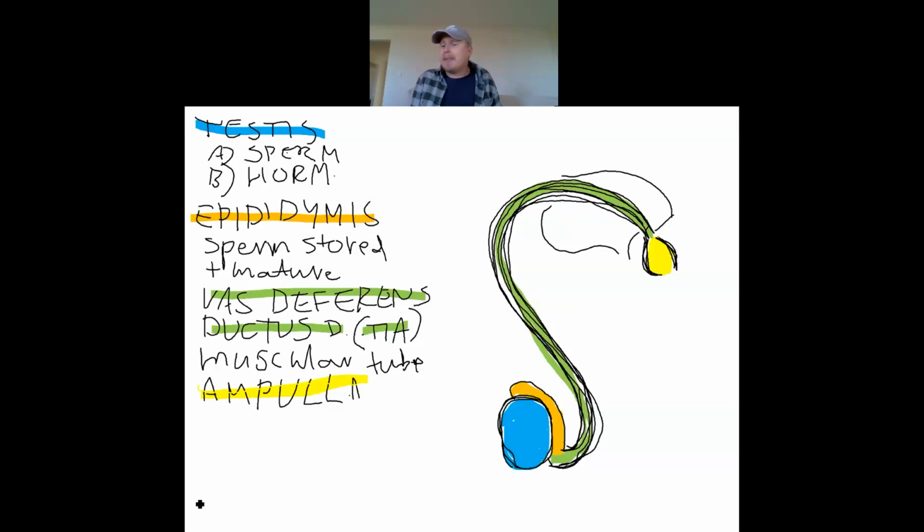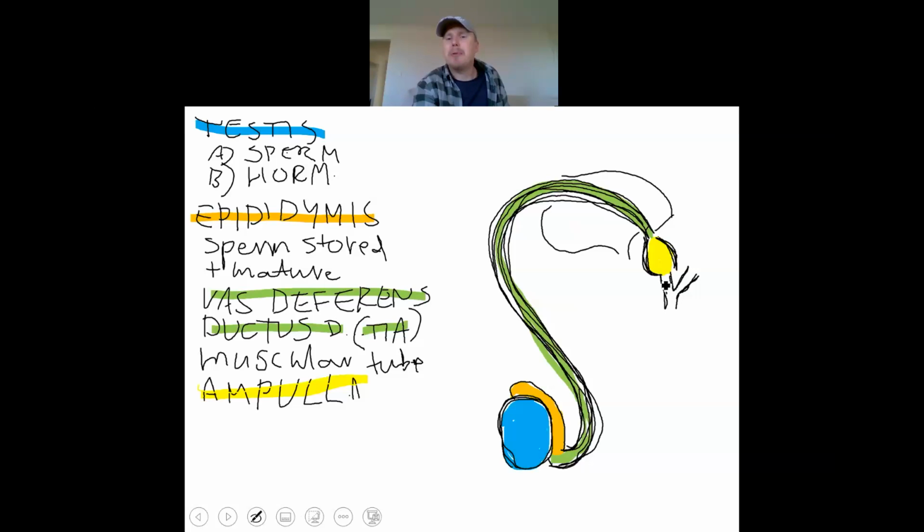So we're going to add the first gland that helps our sperm after the vas deferens. And we're going to add it here. So we're going to draw like two tubes that join together. There's going to be a few other junctions as well.